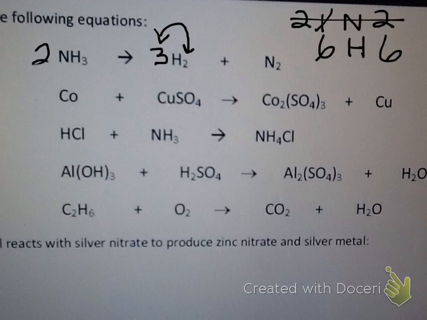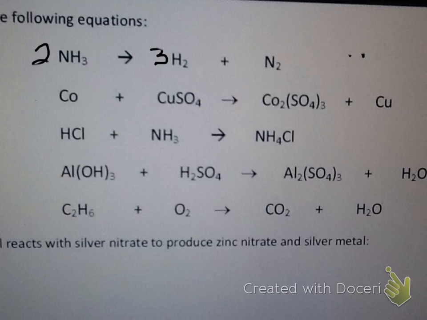Alright, is my equation balanced now? I always go back and check everything one more time because I'm paranoid. Sometimes when you change a coefficient, it can change another atom that you've already balanced. So the last step to balancing a chemical equation is always to go back and check that every atom is balanced. Let's do the nitrogens first. I've got 2 times 1, or 2 nitrogens on the left, and 2 nitrogens on the right, so nitrogen's balanced.